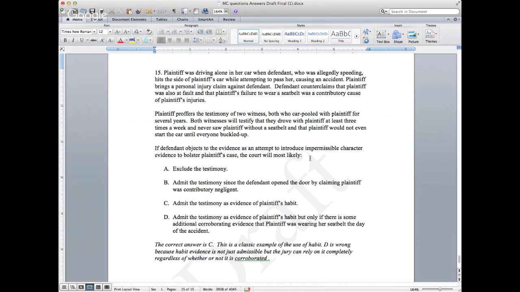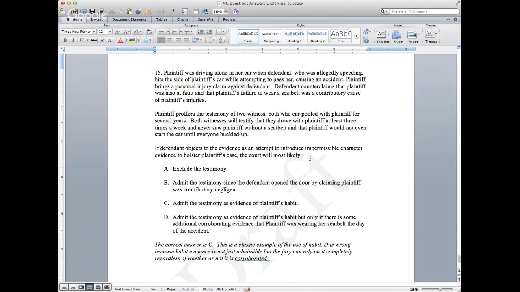Plaintiff is driving home alone in a car when defendant, who was allegedly speeding, hits the side of the plaintiff's car while attempting to pass her, causing the accident. Plaintiff brings a personal injury claim against the defendant. Defendant counterclaims that the plaintiff was also at fault, and the plaintiff's failure to wear a seatbelt was a contributory cause of the plaintiff's injuries.